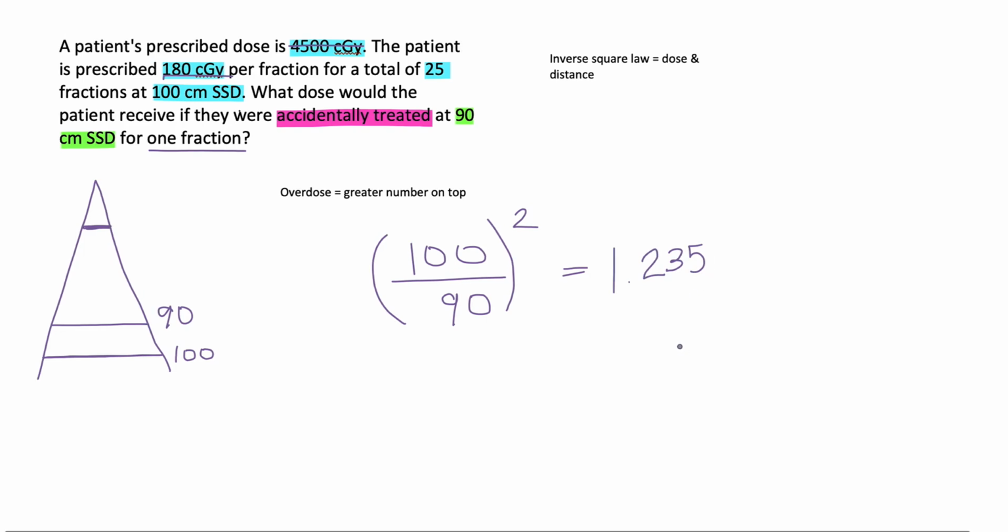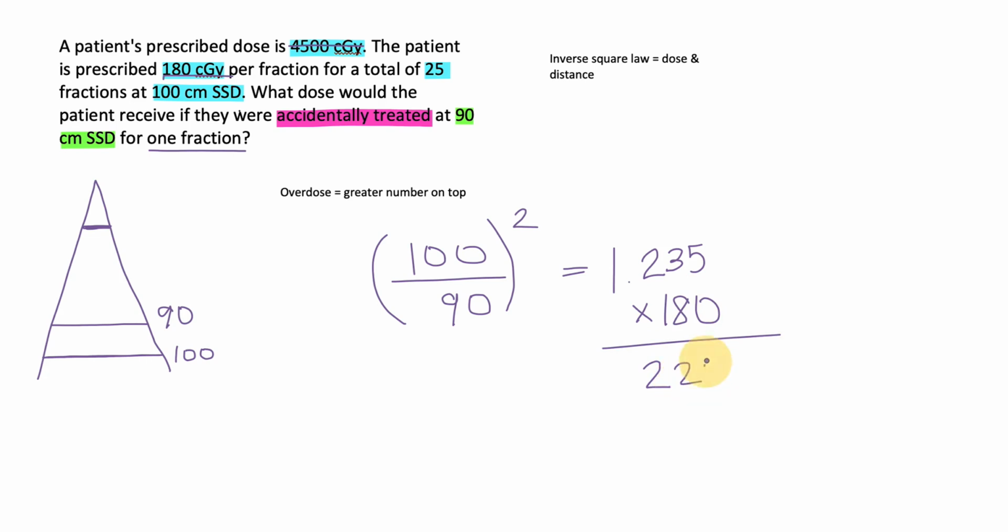We can solve this question now by multiplying our original dose, and that gets us to 222 centigray for that one single fraction.